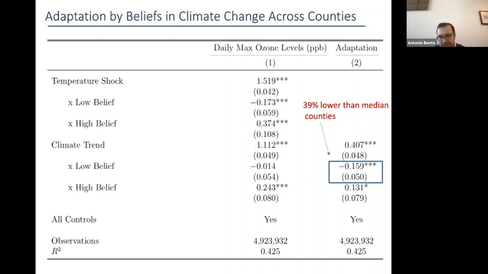And the insight that comes here is that in places with lower belief, not surprisingly, you get a long-term climate trend effect that is 30% lower than the median counties. And so beliefs are going to be important because beliefs, in a sense, affect the interpretation of the proposed decomposition.